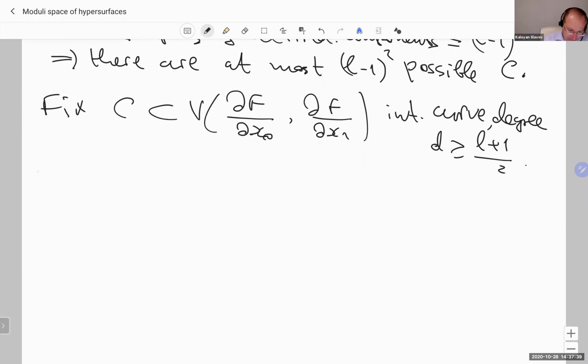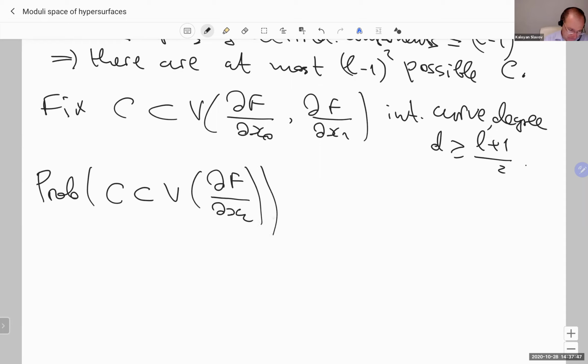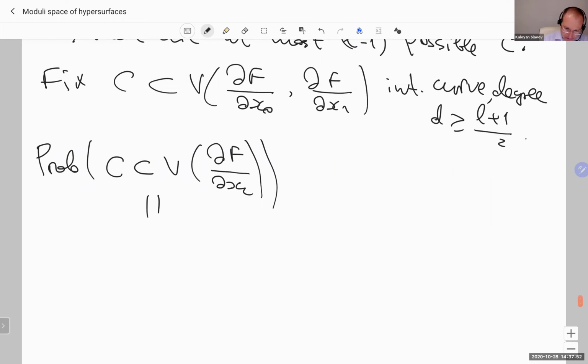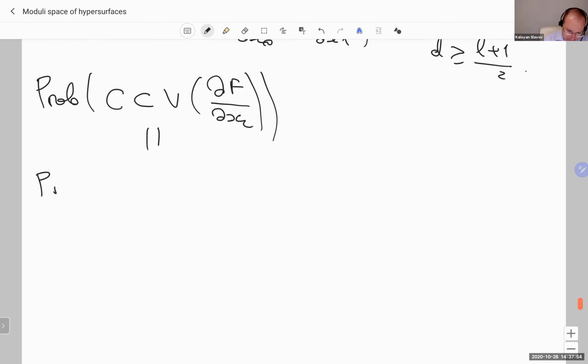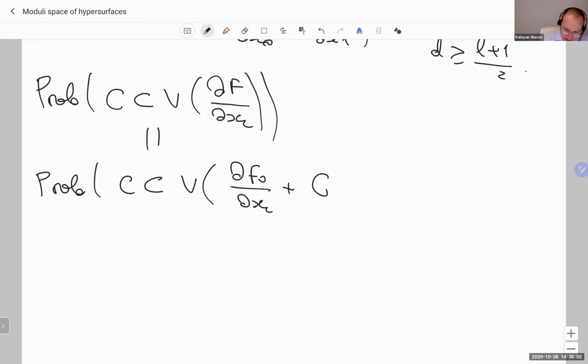And then the probability that C is contained in the vanishing of df/dx2, which by the way is the probability that C is contained in the vanishing of df0/dx2 plus g2 to the pth power. Yes, that's how our partial derivatives work.